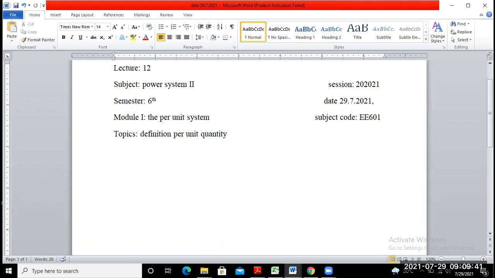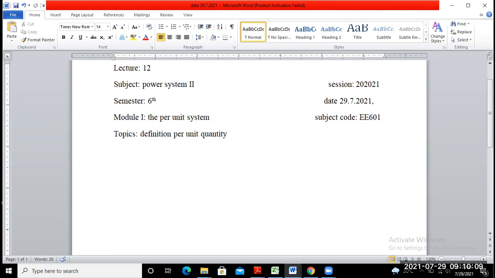You may find the per unit quantity of the other resistance, reactance, if it concerns any particular transformer or alternator. Since in a power system a lot of electrical equipment is installed, let's see the example of the transformer.